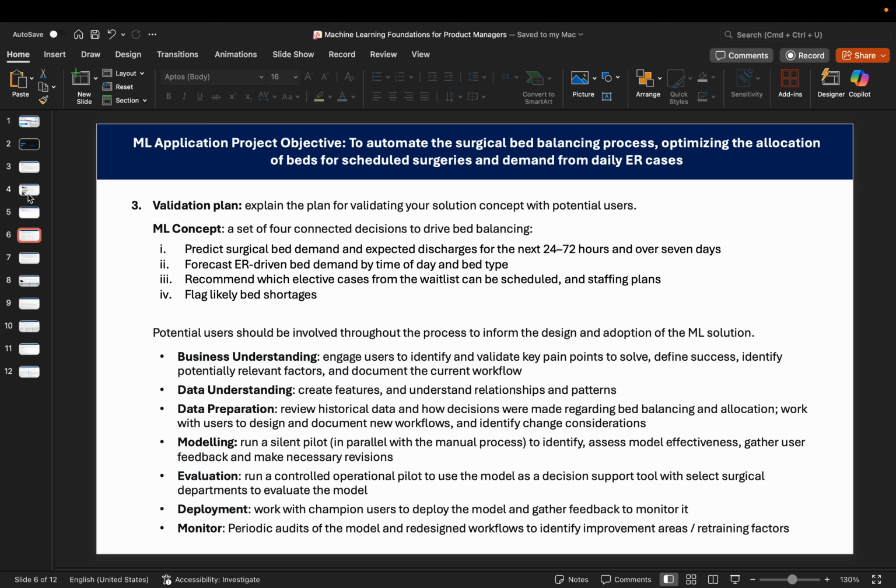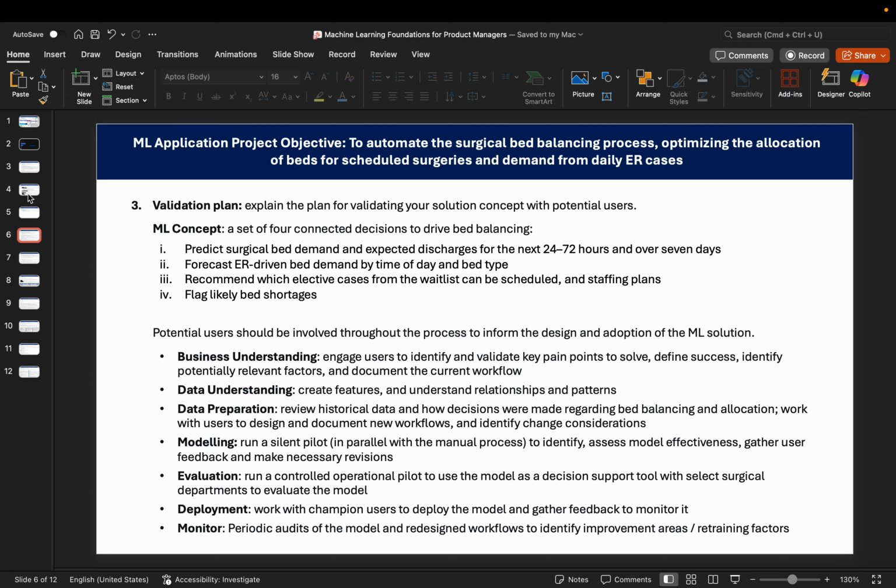But the users, as I said, should be involved throughout the process in terms of business understanding, engaging the users to identify the pain points, defining success, the relevant factors, and documenting the current workflow. In terms of data understanding, creating features and understanding relationships and patterns between the features and the target variable, which is the bed allocation.